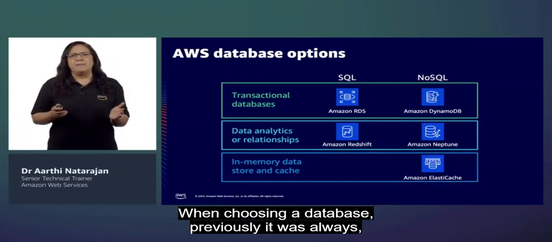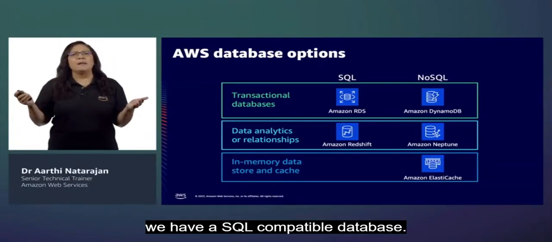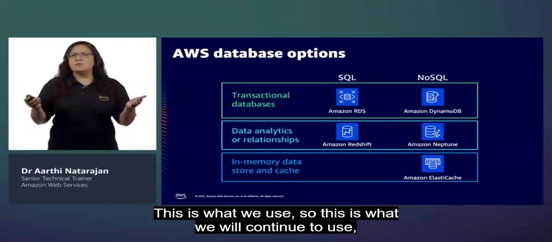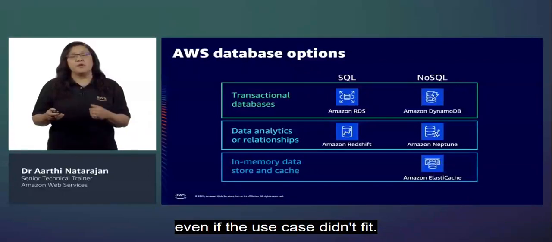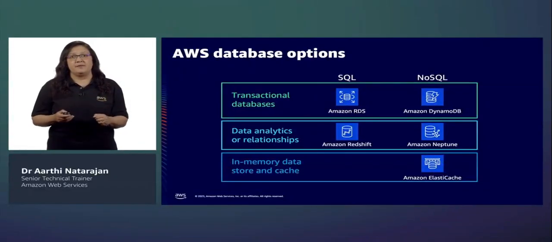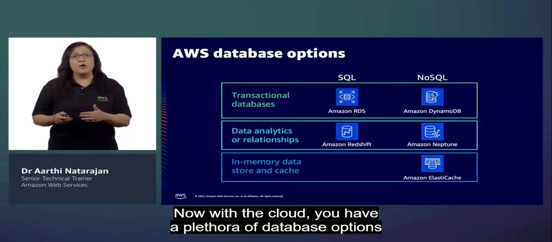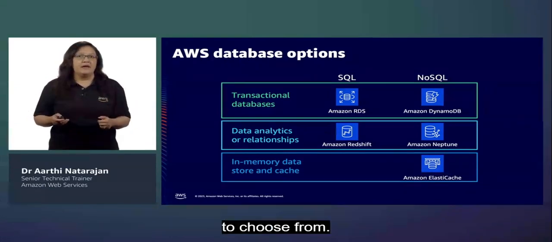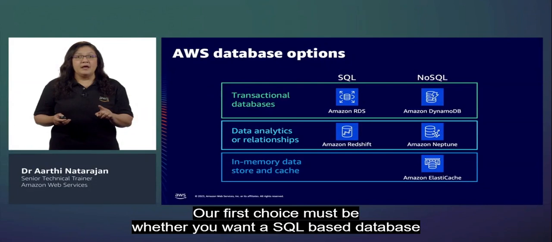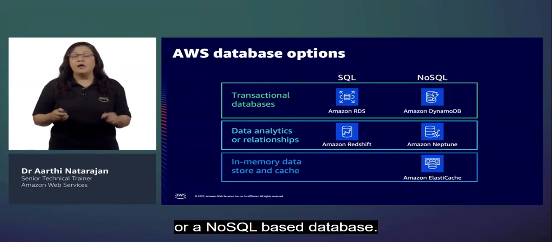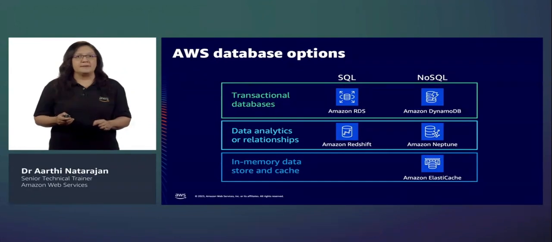When choosing a database, previously it was always, we have a SQL-compatible database. This is what we use, so this is what we will continue to use, even if the use case didn't fit. Now with the cloud, you have a plethora of database options to choose from. Our first choice must be whether you want a SQL-based database or a NoSQL-based database.